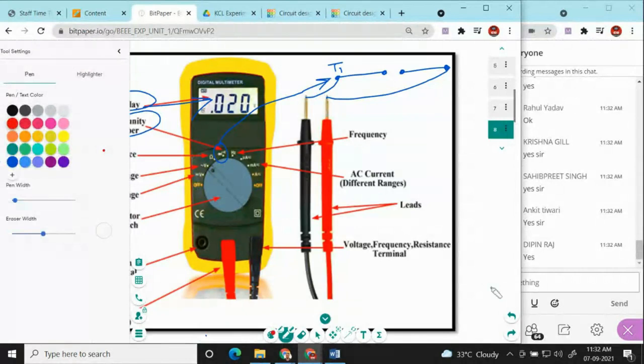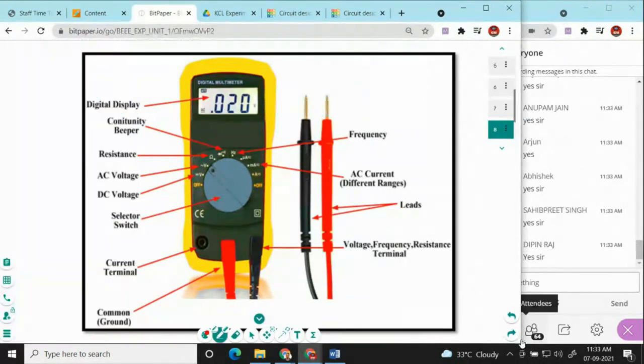Let's suppose that I am placing that resistance right here. So you will place the positive terminal at the T2 point and the ground terminal at the T1 point, and place your knob toward this ohm sign, and you will find the resistor value right here.